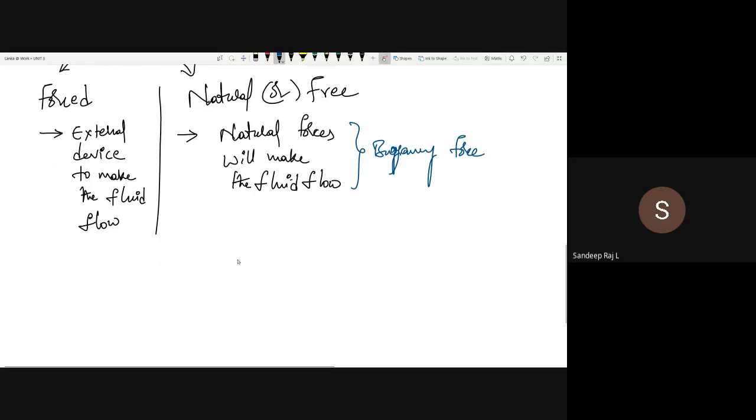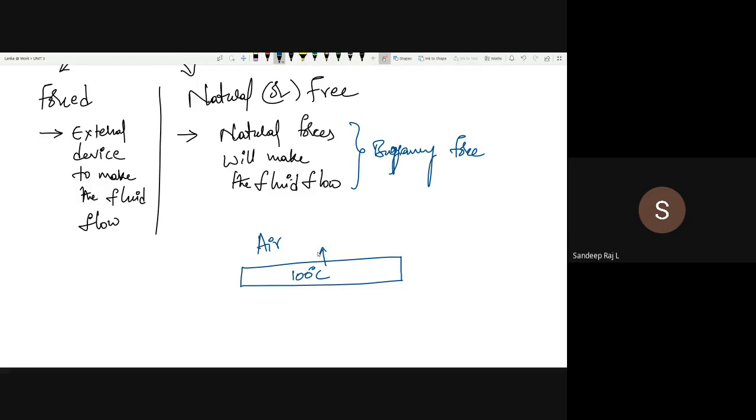Okay, let us say you are having a hot body here. Let us say it is at 100 degrees centigrade, maybe something like a plate. Whatever air is there above this will slowly receive this heat.